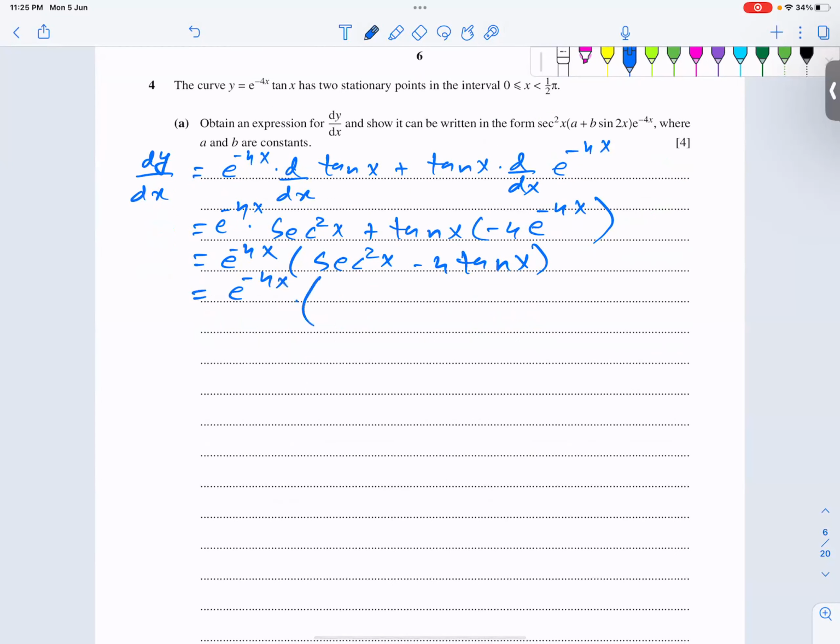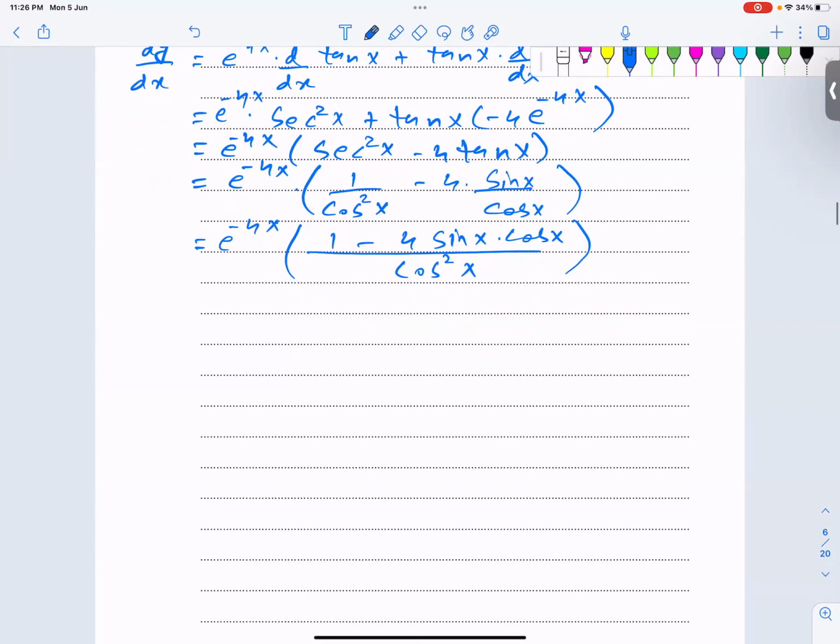You can write secant square as 1 over cos square x, and minus 4 tan x can be written as sin x over cos x. So take the LCM inside: cos square x, 1 minus 4 sin x into cos x.